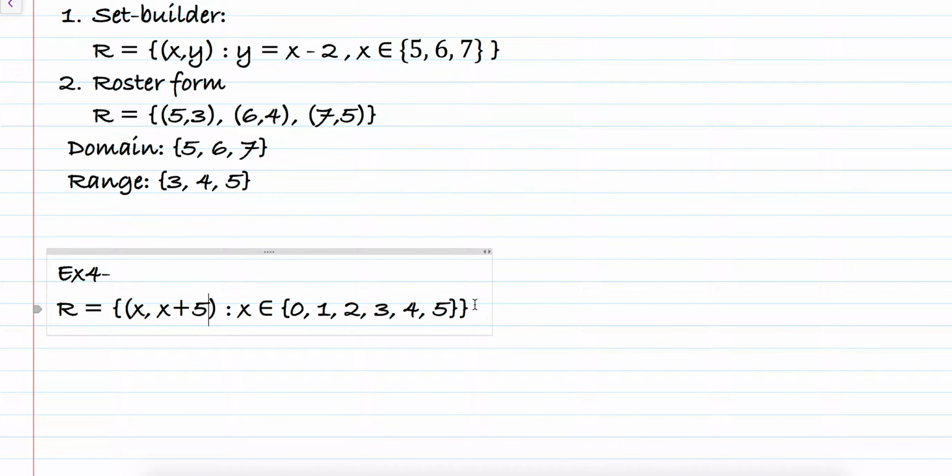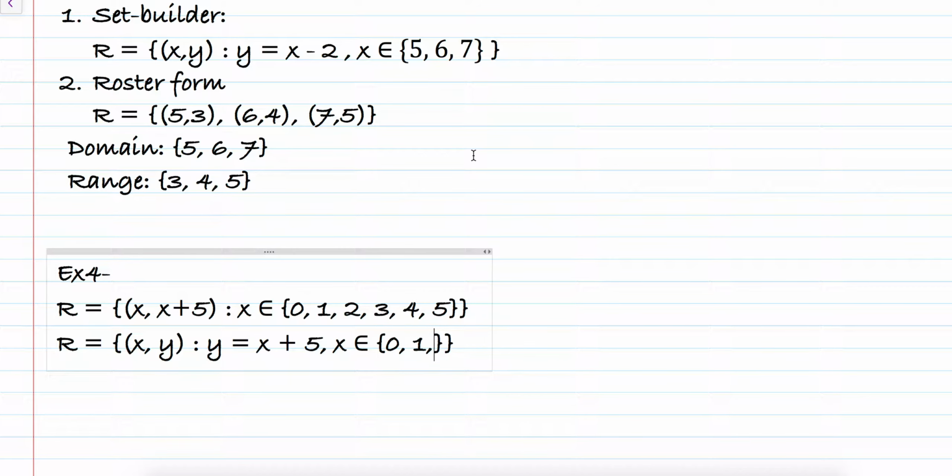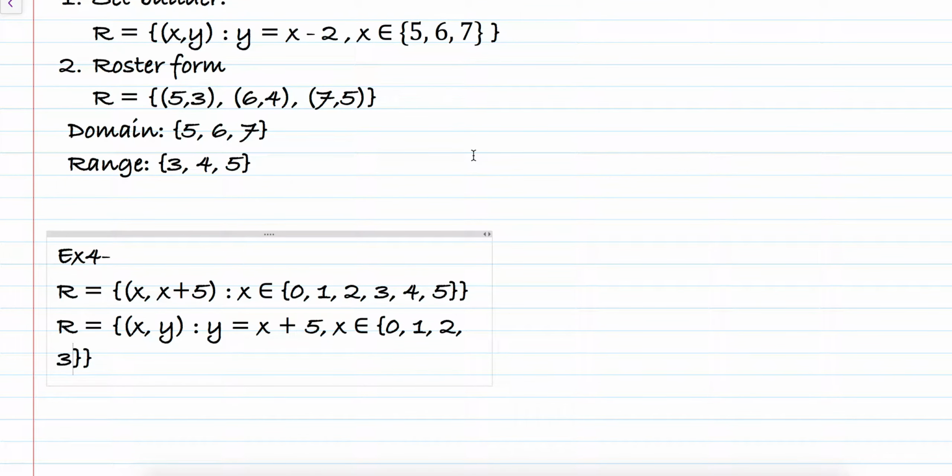We could have also written this as xy, such that y equal to x plus 5, and x belongs to 0, 1, 2, 3, 4, 5. So both are same thing here.